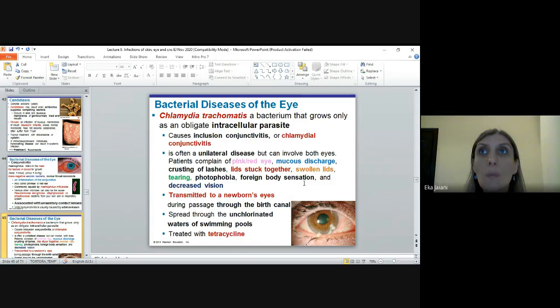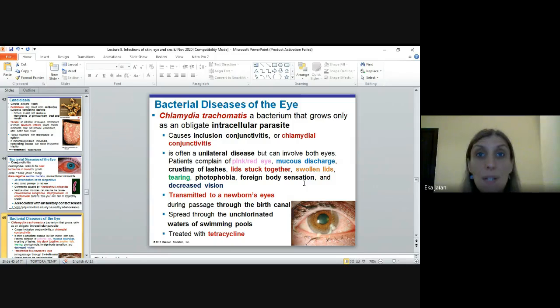Chlamydia trachomatis also causes genital tract infections. Babies can be infected with this pathogen while going through the birth canal. In this case, when babies are born, eye drops or eye creams are usually applied to prevent eye infections.